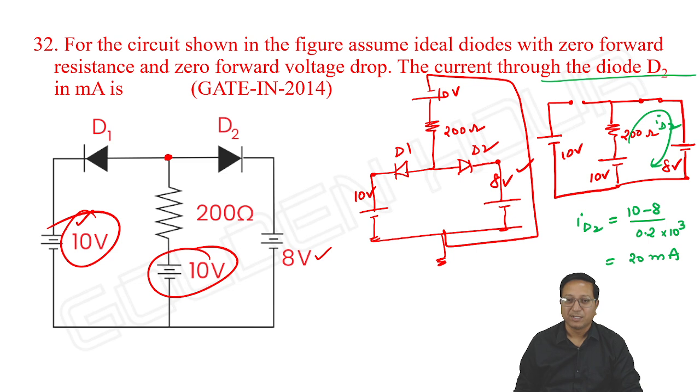Okay, this is how we can calculate the current through the diode. It's a very, very simple question they asked. That's it. Next question.